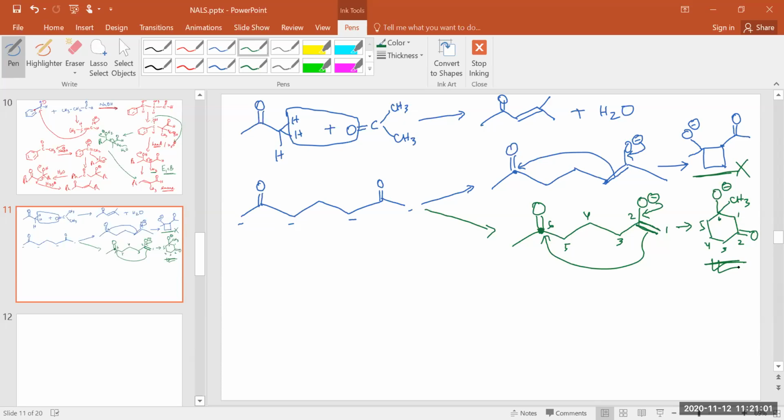So you can write from here, after protonation of the OH, it will make OH, CH3. Okay. Further reaction you can do after heating or acid treatment. The OH will be gone via E1CB mechanism.